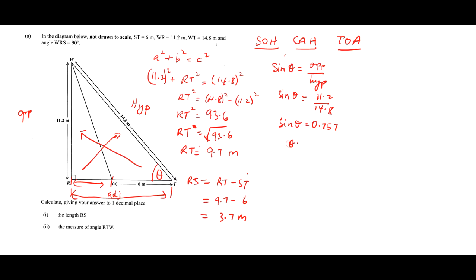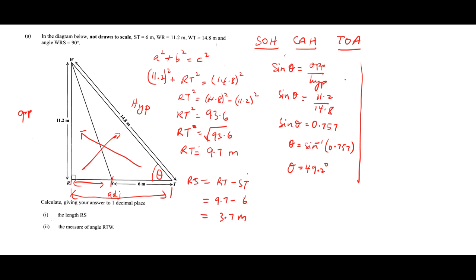So therefore theta is equal to sine inverse of 0.757. Therefore theta is equal to, second function sine, 49.2 degrees.